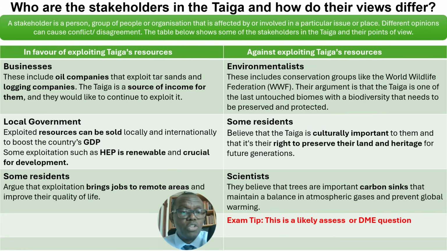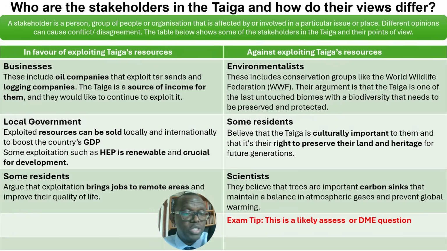So the different opinions can cause conflict or disagreement. The table below shows some of the stakeholders in the taiga and their points of view. I have divided these into those in favor of exploiting the taiga's resources and those who are against exploiting the taiga's resources.